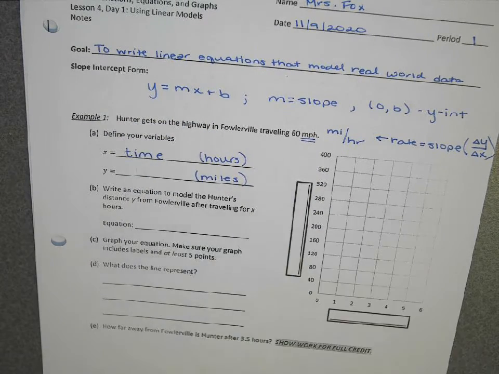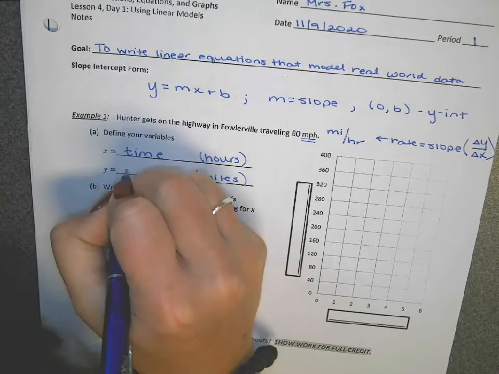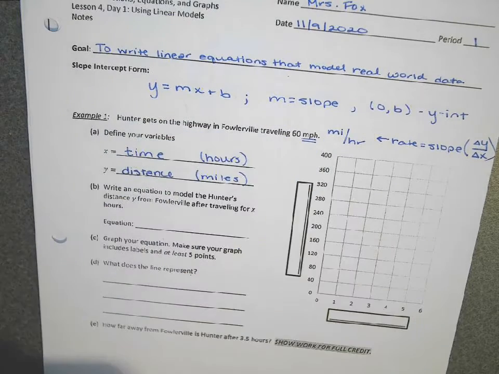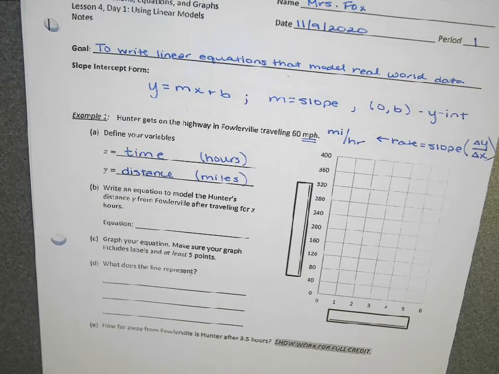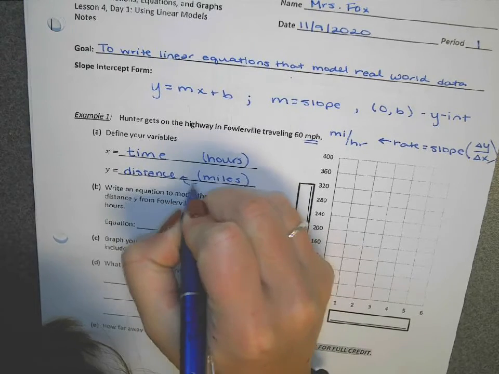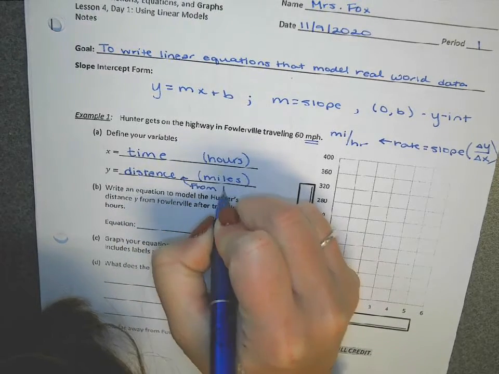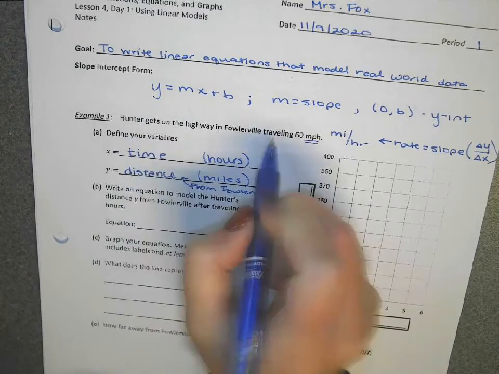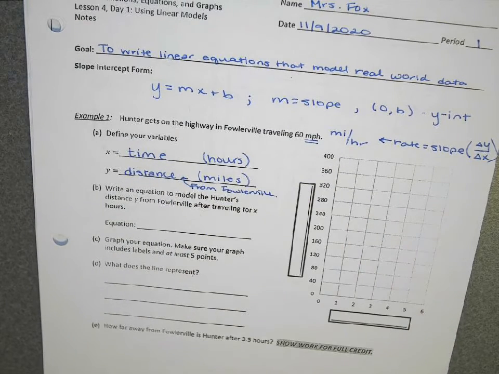What does miles measure? A distance. And you could be more specific here and say your distance from Fowlerville. Because he starts in Fowlerville and he's traveling at 60 miles per hour.